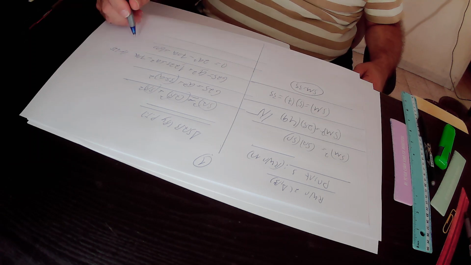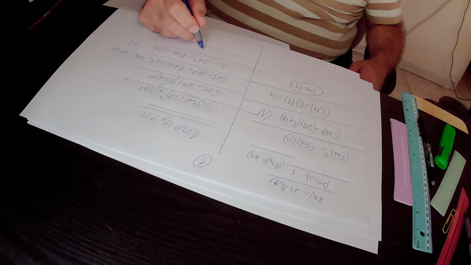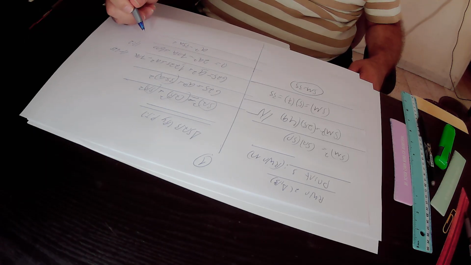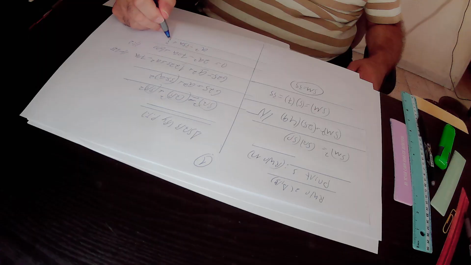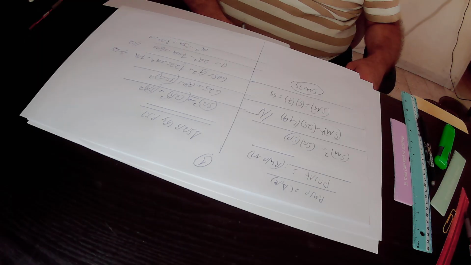Here we divide this equation by 2 and find again that 8 square minus 560 over 2, which is minus 280 times 8, plus 600 over 2, which is 300, equals 0. So 8 square minus 280 times 8 plus 300 equals 0.